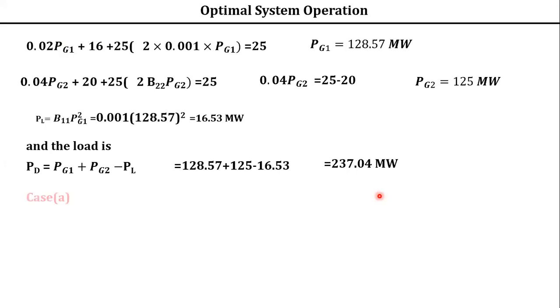Case A is first, when the losses are not included. When the losses are not considered, what is the optimal dispatch condition? All the incremental fuel costs are equal. Okay, that is the thing we have seen.